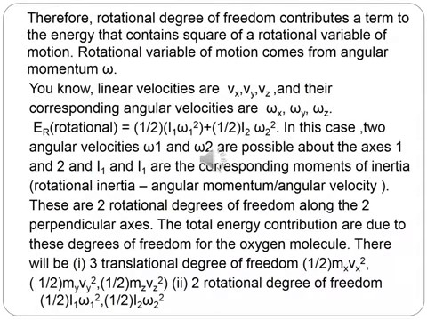Therefore, a rotational degree of freedom contributes a term to the energy that contains a square of a rotational variable of motion. The rotational variable of motion is the angular momentum omega. You know, linear momentum is the product of mass and velocity.